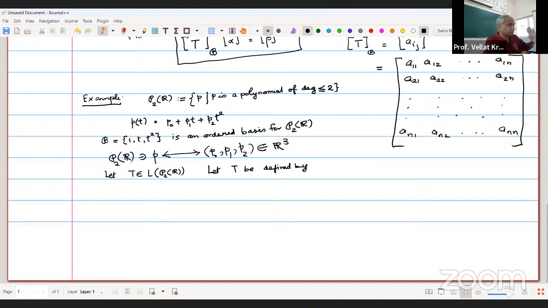You know that T is completely determined on each vector in P2, provided you prescribe what it does on the elements of the basis, namely 1, t, t square.